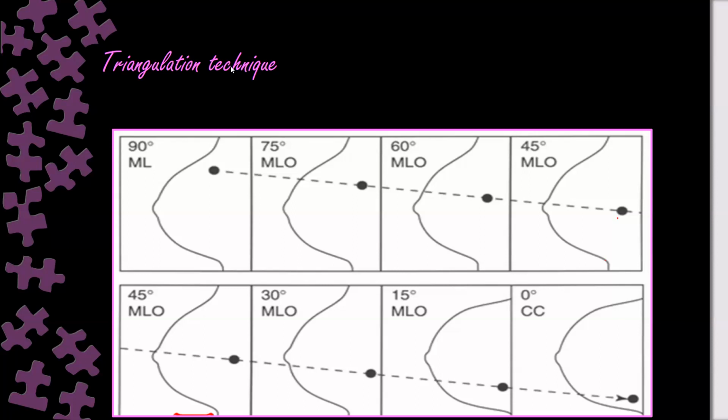We are going to be quick. If we have seen lesions in the CC or MLO view, we can start with a small angle, 15, 30, 35. We call this step oblique mammogram.